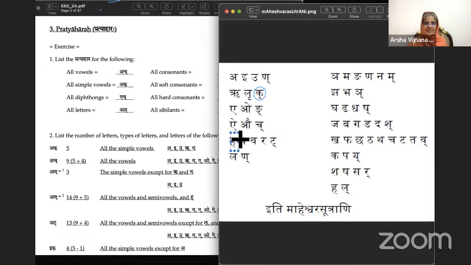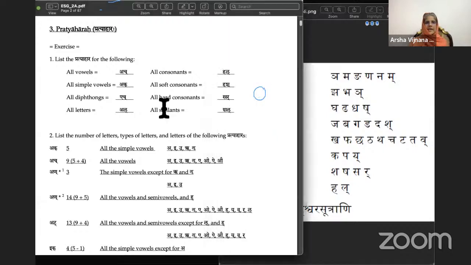Where is hash? Soft consonants: ha, ya, va, ra, so ha plus all the semi-vowels, and then the nasals, and then jha, bha, gha, dha, dha, and ja, ba, ga, da, da. Okay, all soft consonants. Very nice.